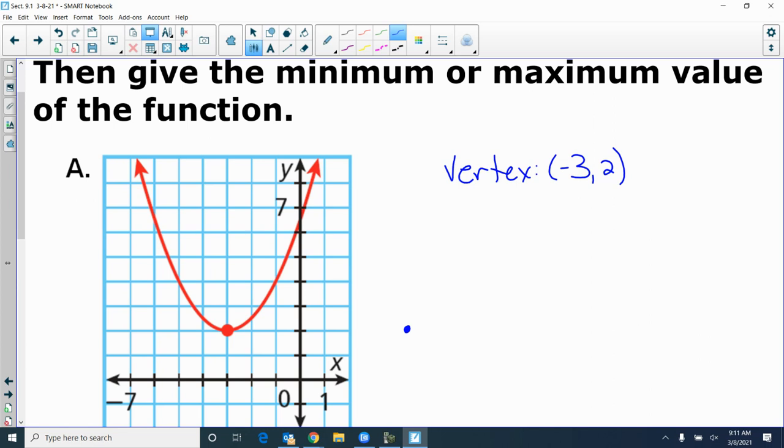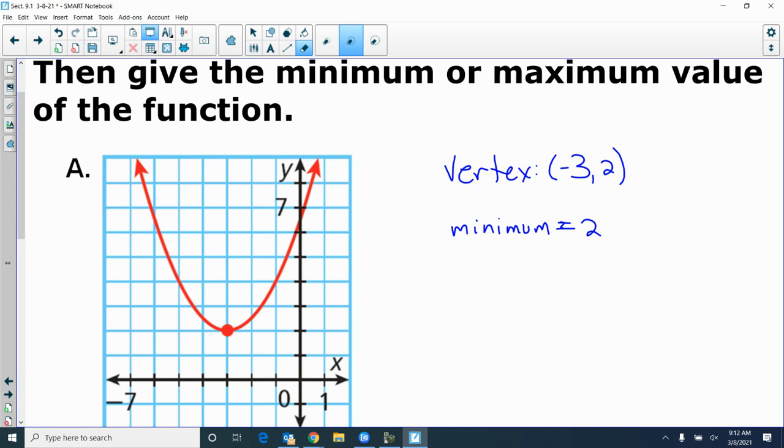All right, now, is that the highest point or the lowest point? Lowest point, so that's the minimum. The minimum value is 2. It's going to be the y value. Minimum is 2.